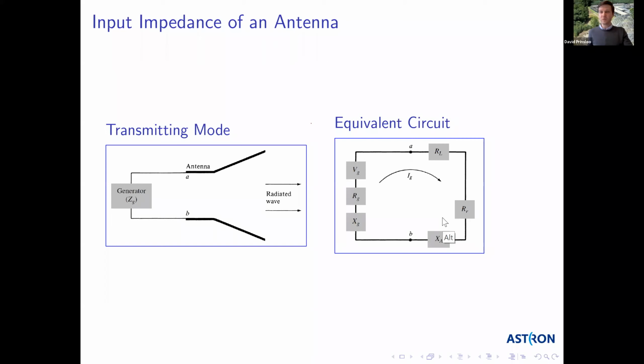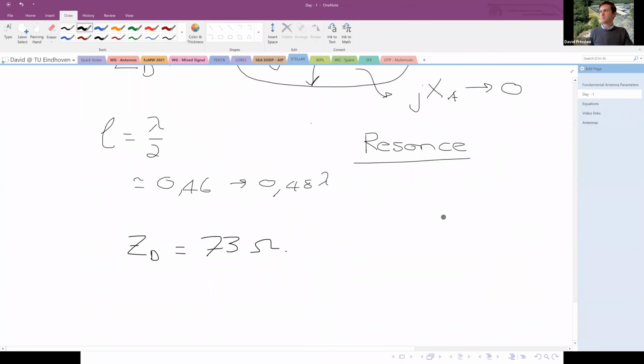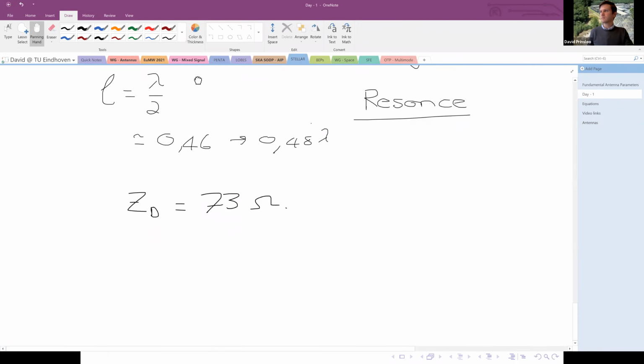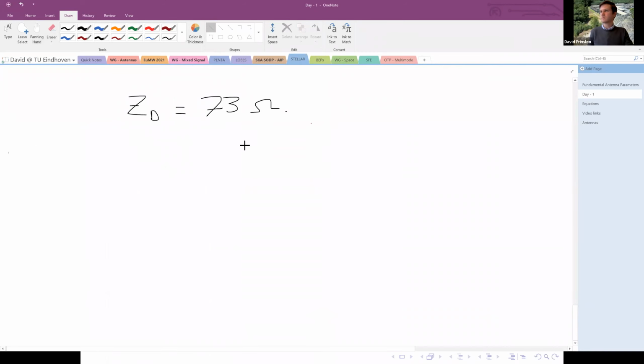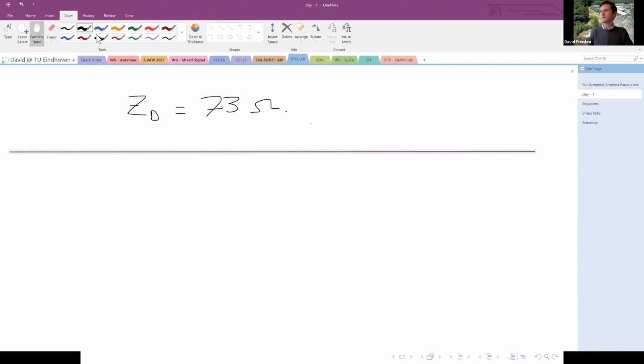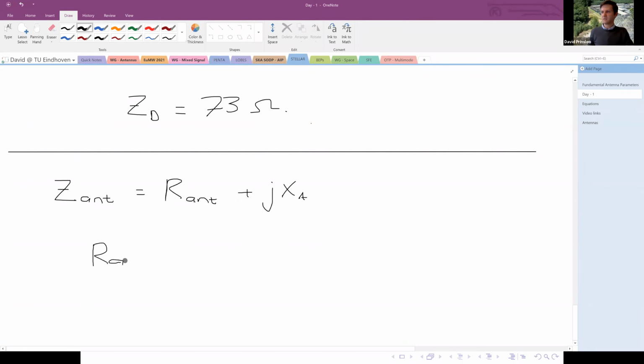Now I want to zoom into only the real part of the antenna impedance. So we said we have the impedance of an antenna, which is equal to the real part of the antenna plus an imaginary part. Now the real part of the antenna has two components, and the one is what we just call the loss.